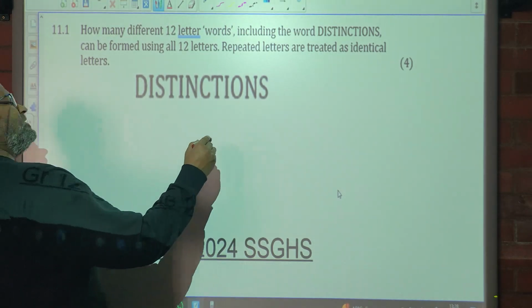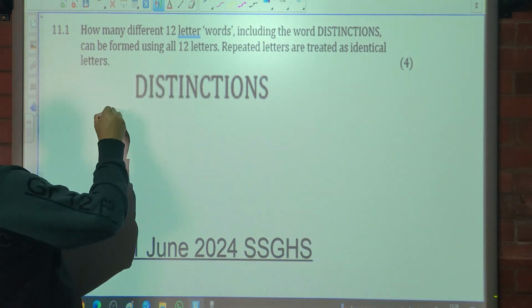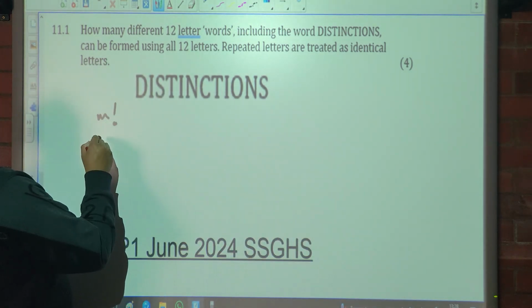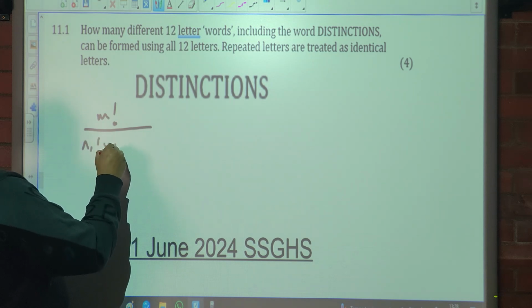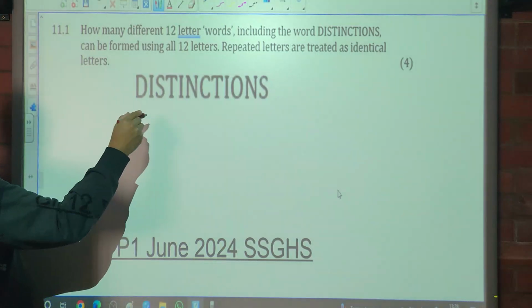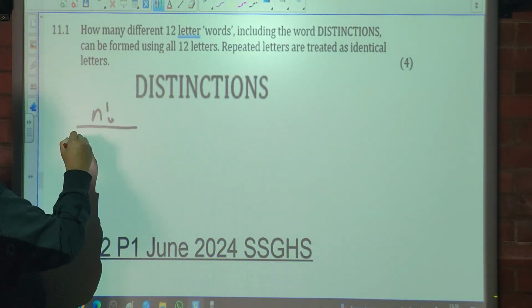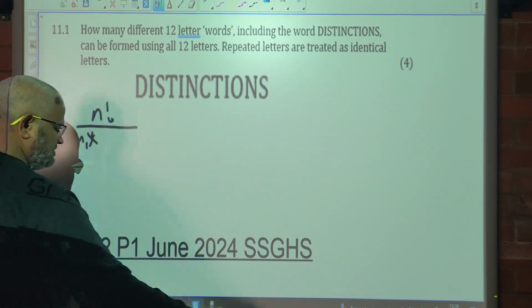We're going to use that formula. The number is n factorial over m1 factorial times m2 factorial times m3 factorial.